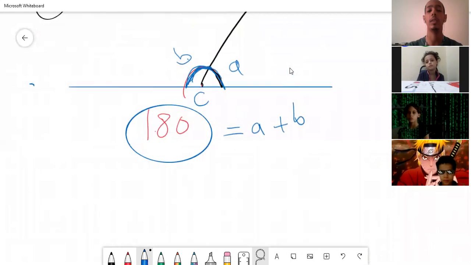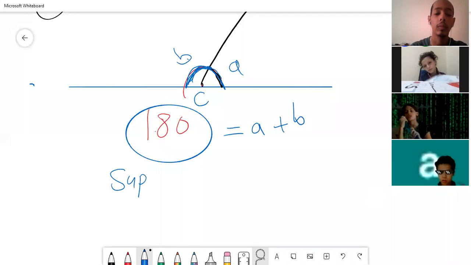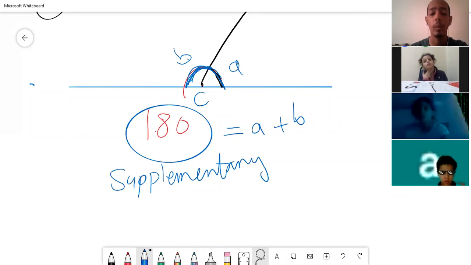What do we call these two angles when we have two angles on a straight line? We call them supplementary angles.